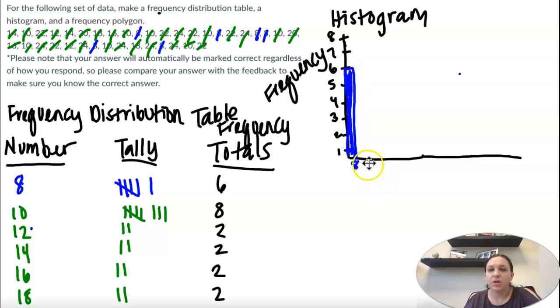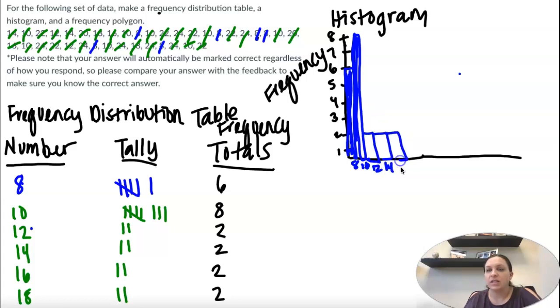Okay, and my next bar would be for 10, and that would go up until 8. I should have made these bigger. My next bar would be for 12, and that would go to 2. My next bar would be for 14, and that would go to 2.